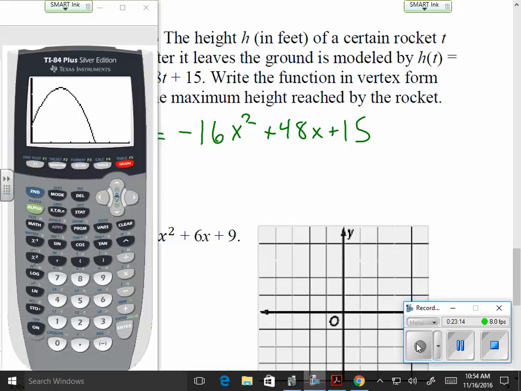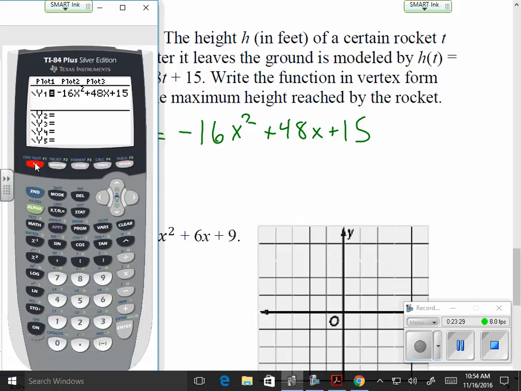Modify the window to narrow down to what the parabola would look like in our set of positive time and positive height. Put it into the equation. My window I set up for a maximum of 5 seconds. Height y max about 60 feet. So then the graph looks something like that.